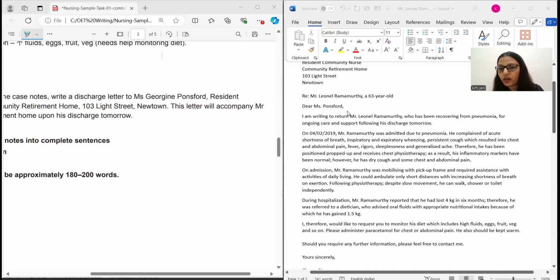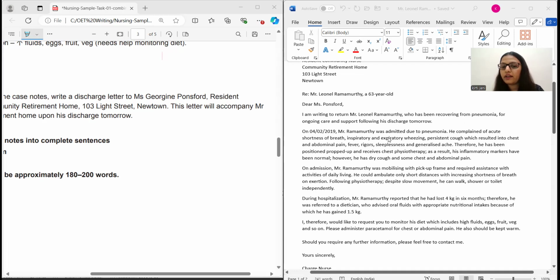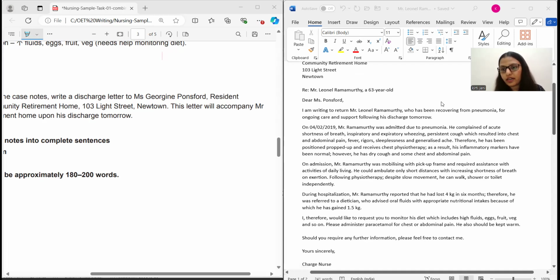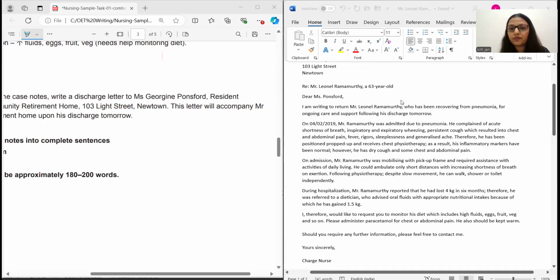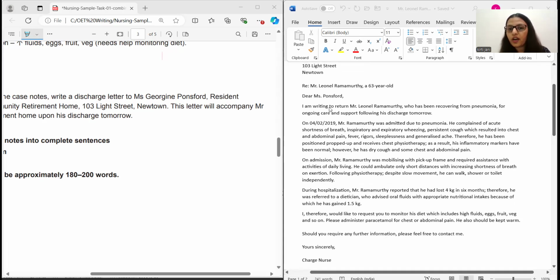Now I will read this information and you can understand that the way we have discussed, I've written the information here. Dear Miss Ponsford, I am writing to return Mr. Lionel Ramamurthy, who has been recovering from pneumonia, for ongoing care and support following his discharge tomorrow.